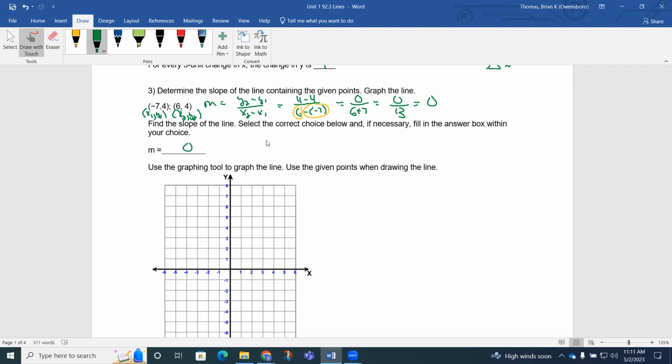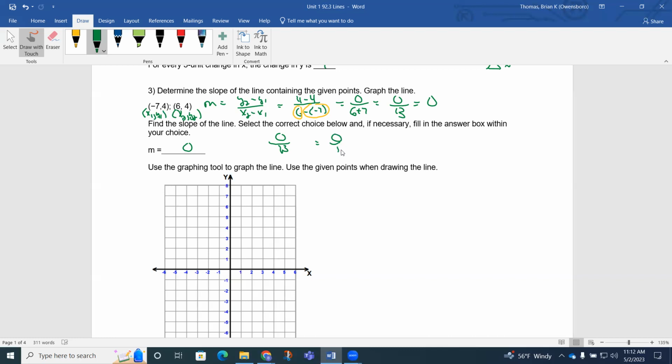So 0 slope basically means the change in y is 0 and the change in x was 13. So for every change of 13 in the x, the y doesn't change any. So it remains constant. So you could look at it from that perspective based on this information. Now remember, 0 could also be written as 0 over 1.